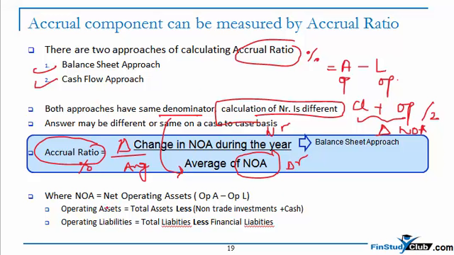Let's talk about when you call something an operating asset. Honestly, my entire asset is operating, except my non-trade investments and the cash that I hold in hand. All the liabilities are operating except the financial ones. So pretty clear.